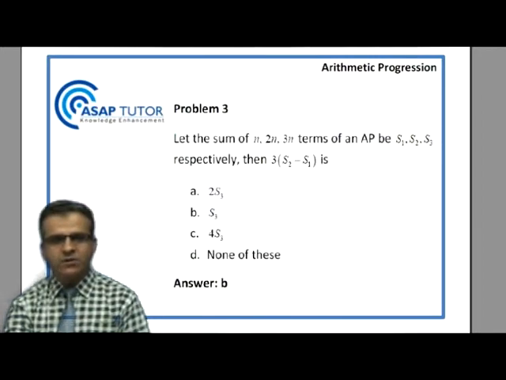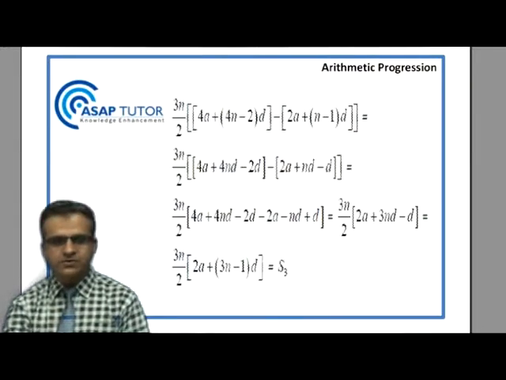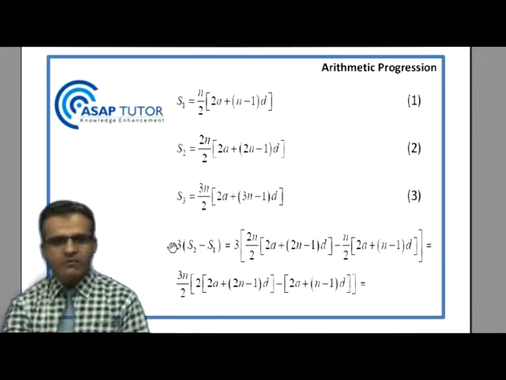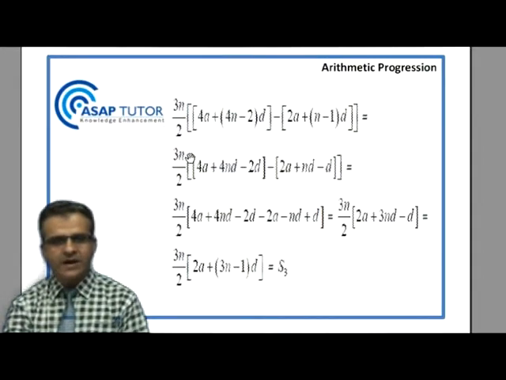The expression is 3 into S2 minus S1. So substituting the values, we get 3 into S2 minus S1 is equal to 3 into S2 minus S1, substituting these values, and solving it from here, n by 2 and n by 2 we take common. 3 is already there, 3n by 2, and further solving it, we get 3n by 2 into 4a plus 4nd minus 2d minus 2a plus nd minus d, and then again opening the brackets.